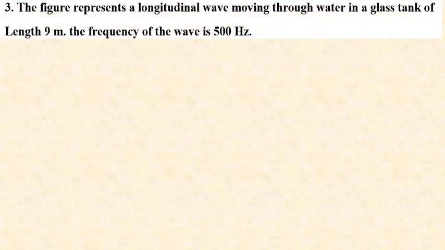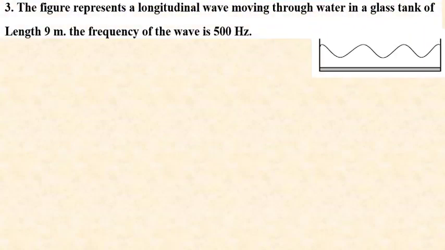Number 3. This figure represents a longitudinal wave moving through water in a glass tank. The length of the tank is 9 meters, and the frequency of the wave is 500 hertz. Before looking at the question, I have to look at this figure.